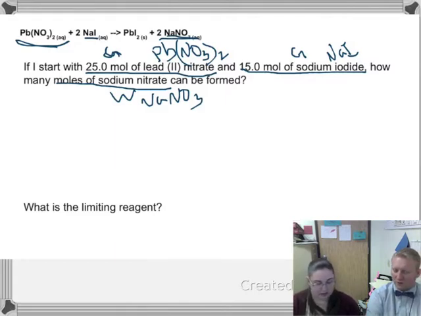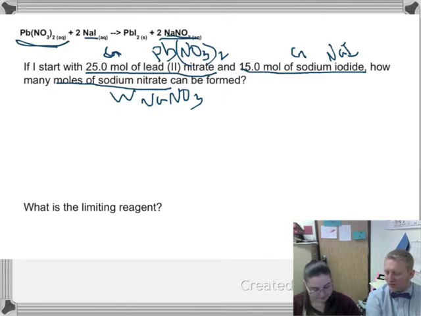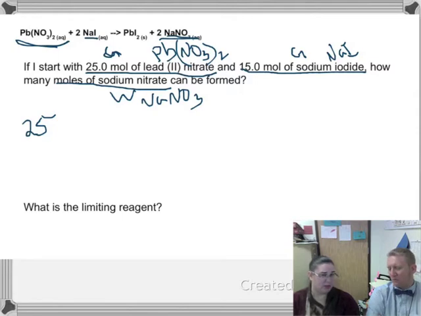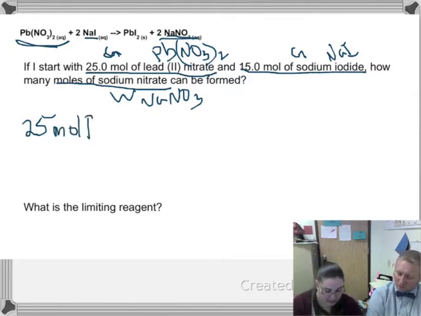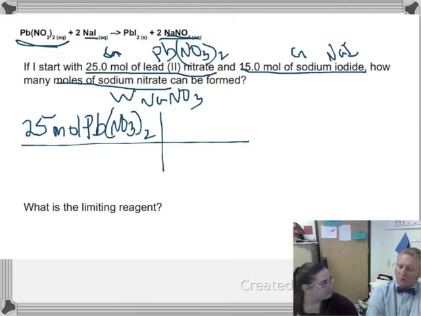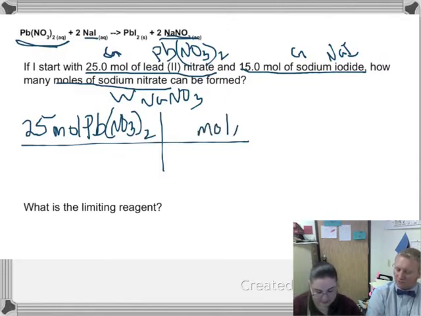We start with the first given, so we can say that's the 25 moles of the PbNO3. It doesn't really matter which one you start with, but I like to go in order so I know what I've done. So 25 moles of PbNO3, and I want to change that to moles of the sodium nitrate, which we said was NaNO3.